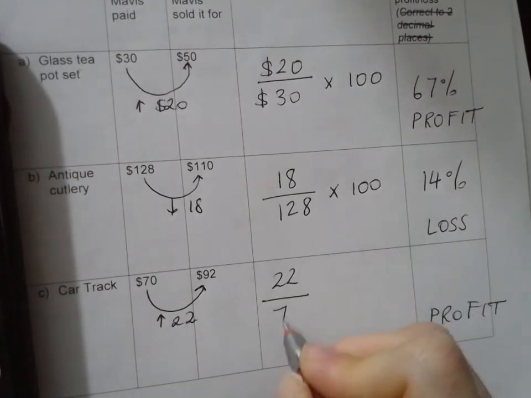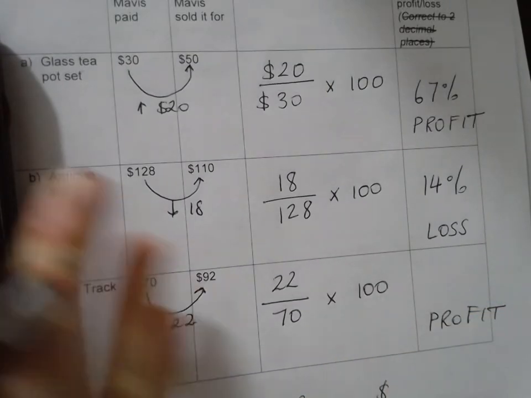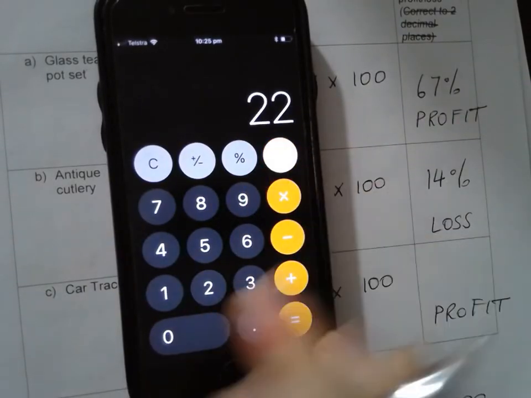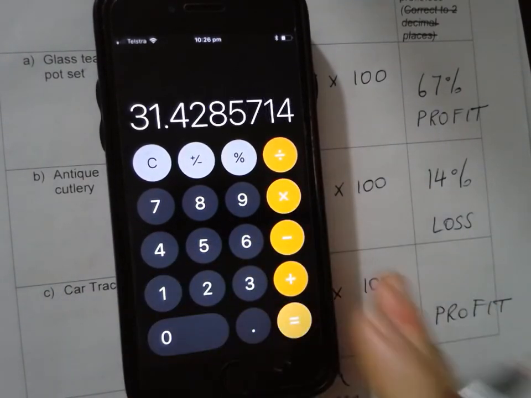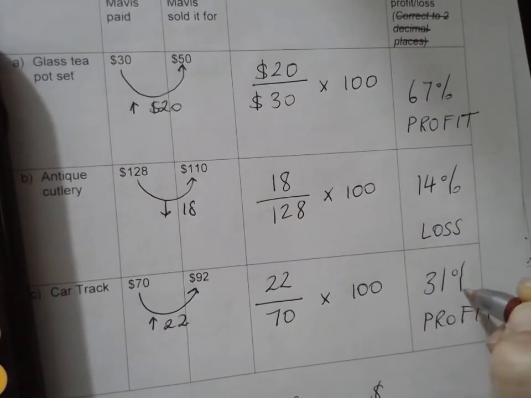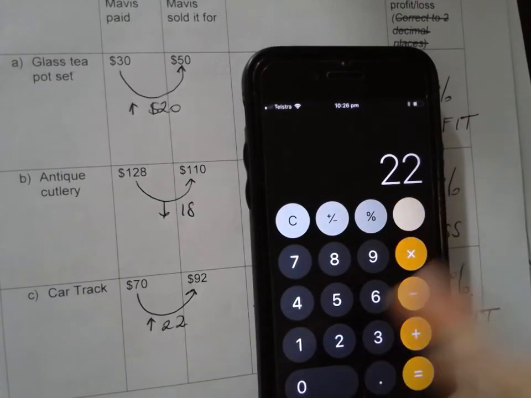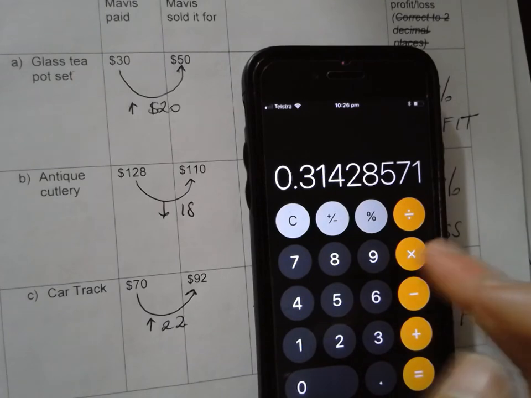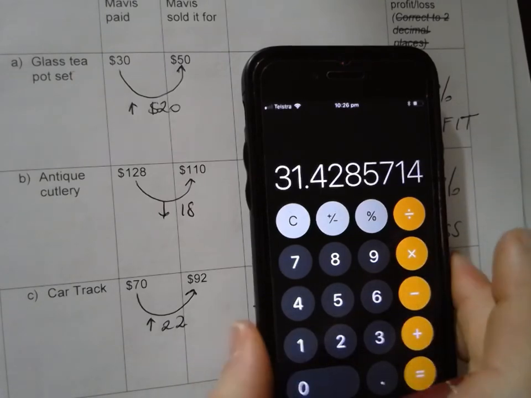The original is $70 multiplied by 100. 22 divided by 70 equals times 100 equals. So we'll say it's a 31% profit, if we round it to a whole number.